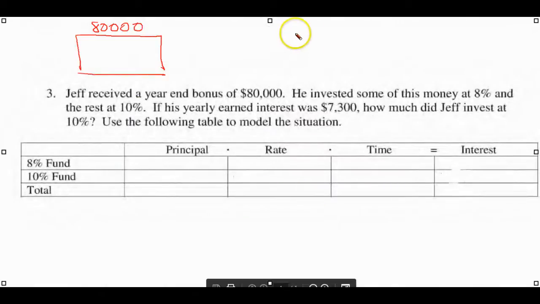Now in this example, we're using the formula interest equals principal times the rate times the time. And we have $80,000 to invest. But we're going to earn this much interest.